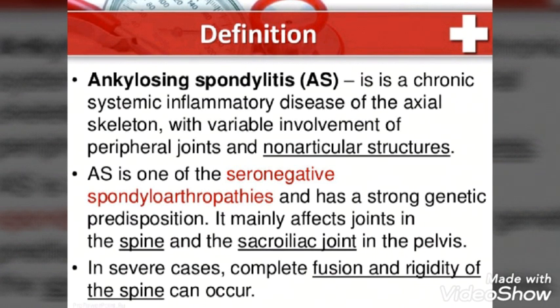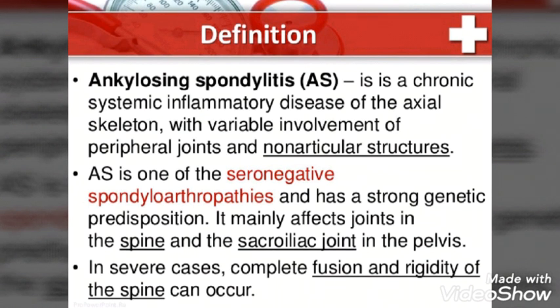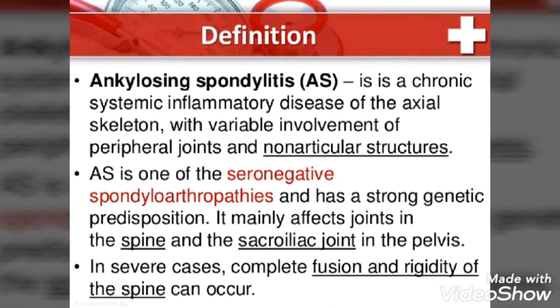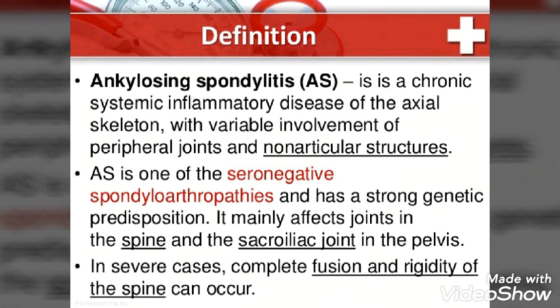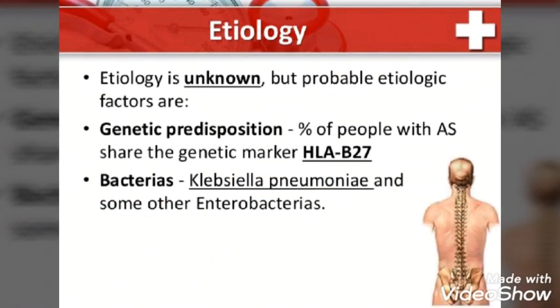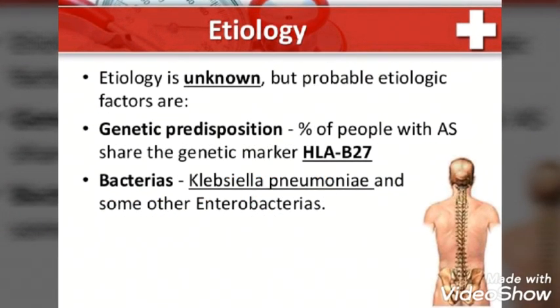So it mainly occurs in the vertebrae, then also in the spine and sacroiliac regions. Whenever there is a complete fusion in severe cases, the person cannot move by himself, as there is complete rigidity of the body. So let's see the etiology. The main cause is unknown, that is idiopathic.